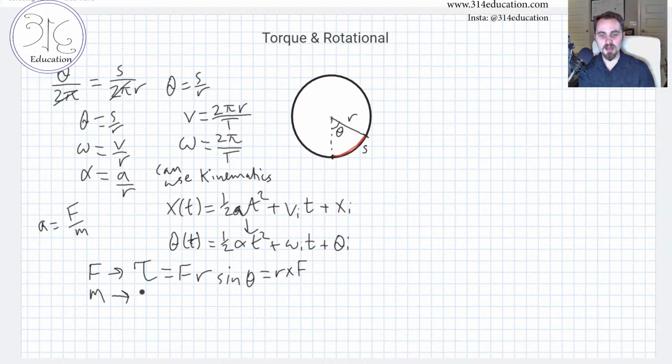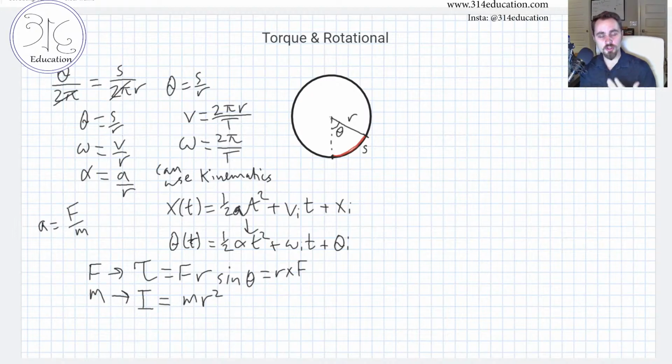And so this mass we want to think of as a moment of inertia. That's going to be this I, which is going to include a mass term, but it's also going to include a radius squared term. And so this r squared tells us about the distribution of mass. The further the mass is distributed away from the axis of rotation, the higher the moment of inertia, the more resistant our object is to changes in its rotational motion.